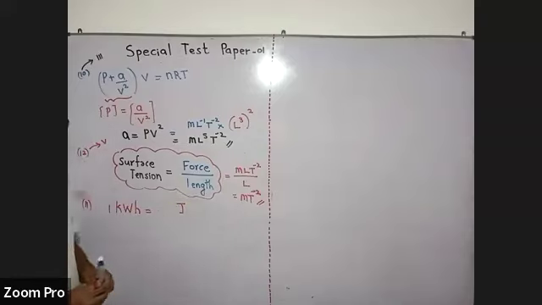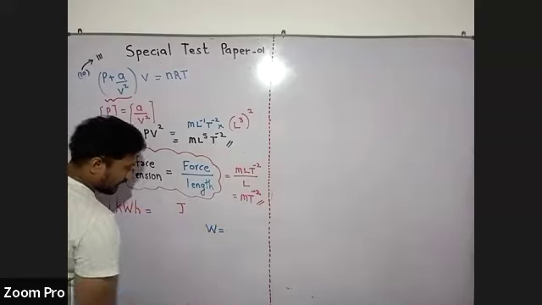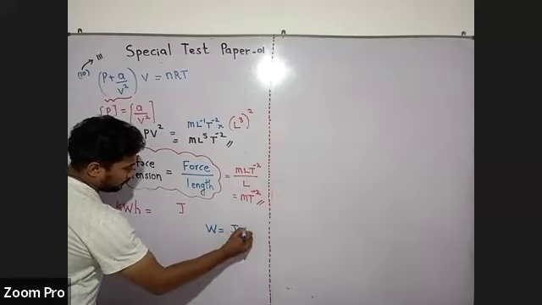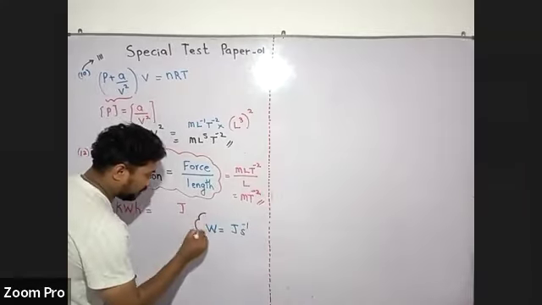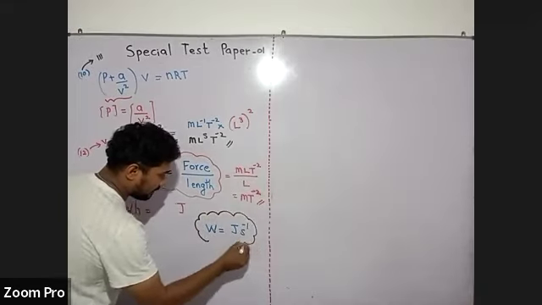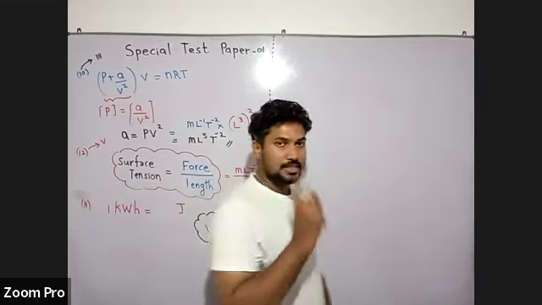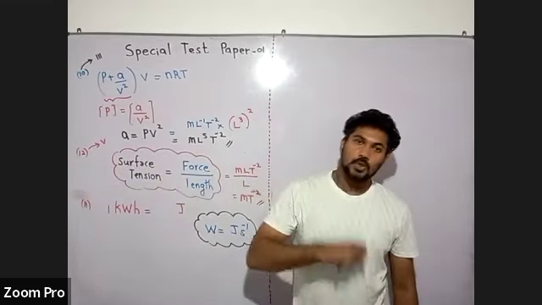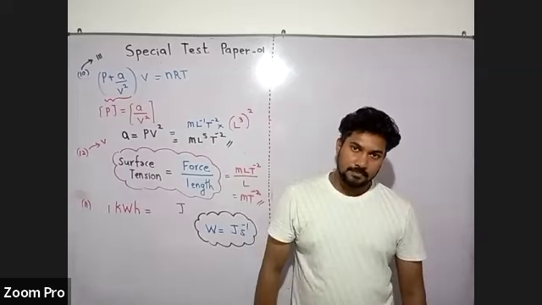So guys, first of all, you have to know about these things. That is, the watt can be expressed as joule per second. So keep in mind these theoretical points. The watt is the special unit or special name used to measure power, right?